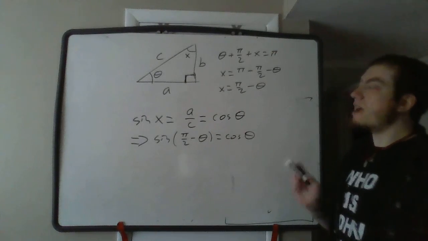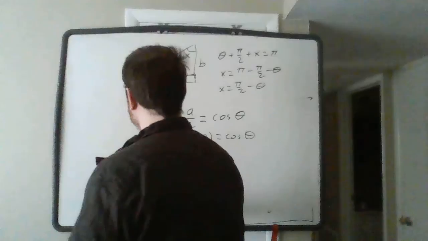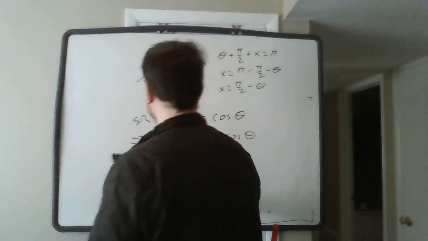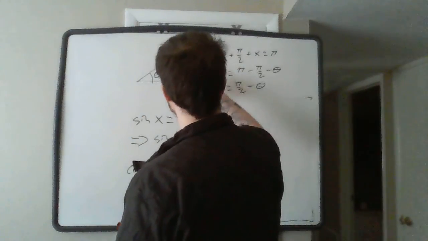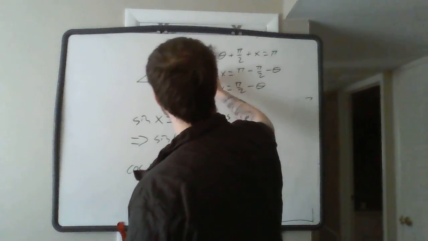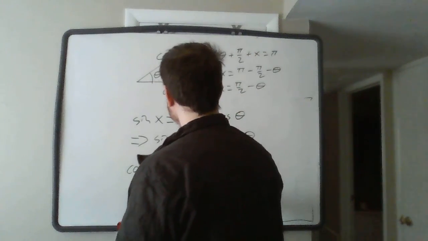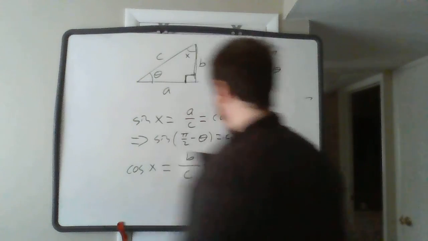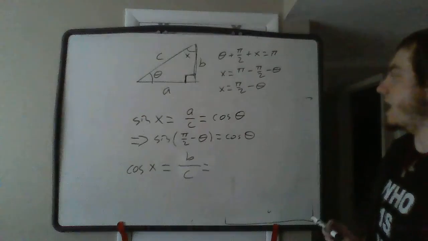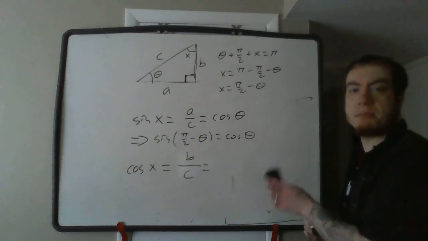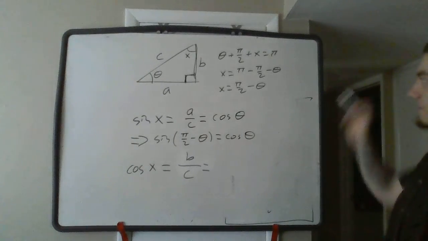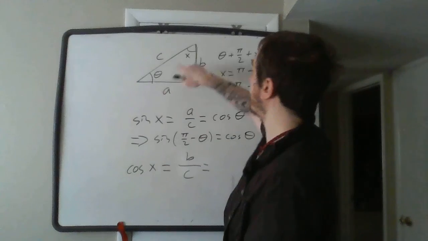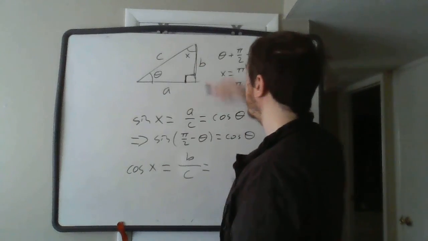Now, what if I wanted to do the cosine of this angle x? Well, this would be the ratio of the adjacent side to x, which would be B, divided by the hypotenuse. And what would that come out to be? Take a minute, think about this, see what you can work out. All right, so hopefully you paused for a moment and tried to think about this a bit.